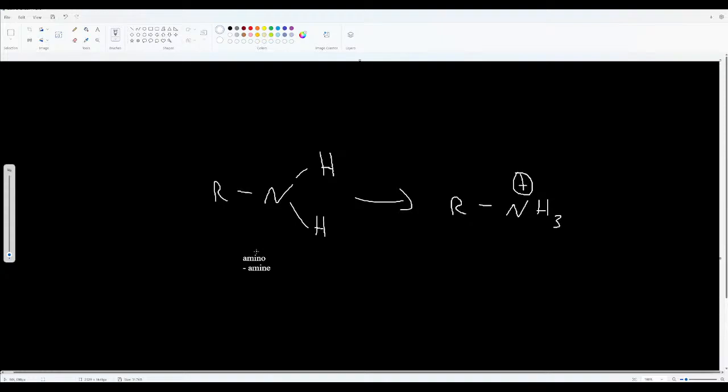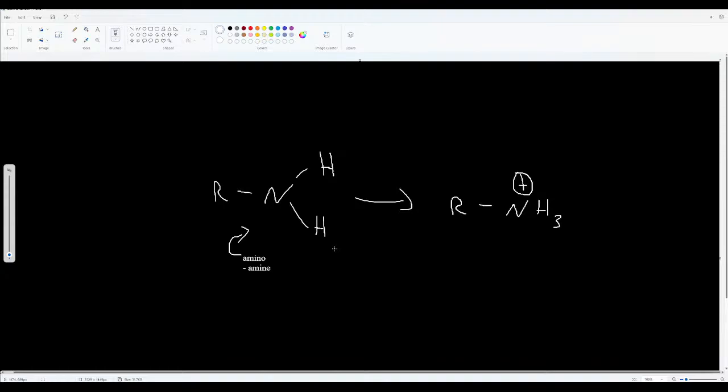Amino groups act as bases. They act as proton acceptors. When something accepts a proton in solution, it is a base. When something loses a proton in solution, it is an acid. So the aftermath of a base is that it becomes positive, and the aftermath of an acid is that it becomes negative.